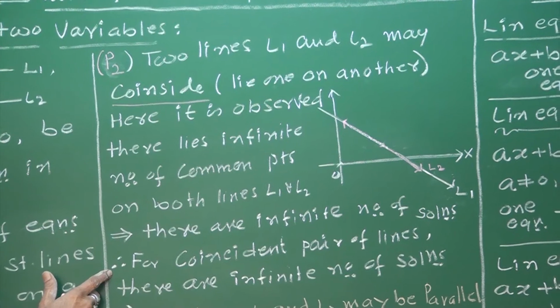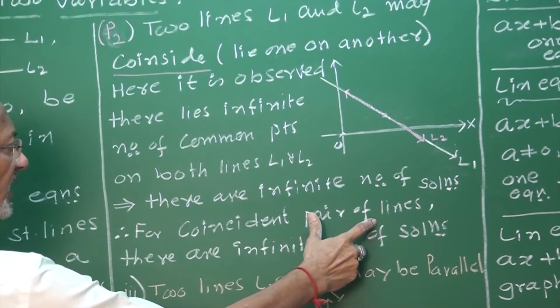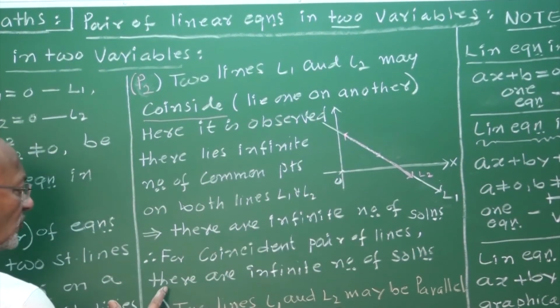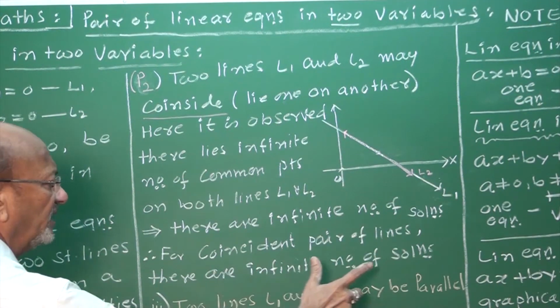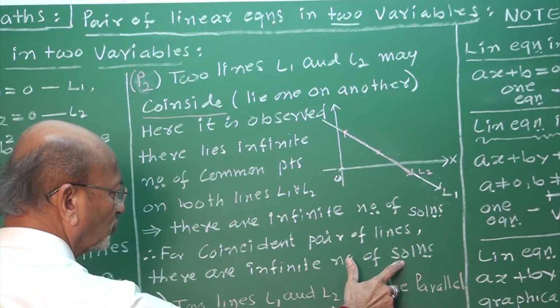Hence, my friends, for coincident pair of lines, there always exist an infinite number of solutions.